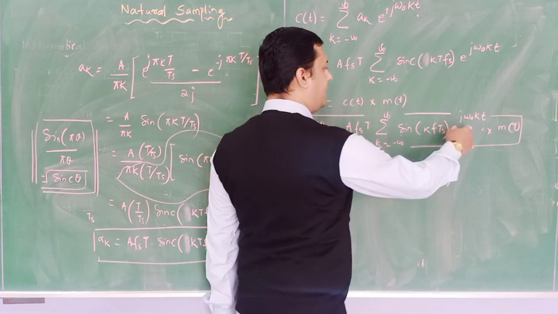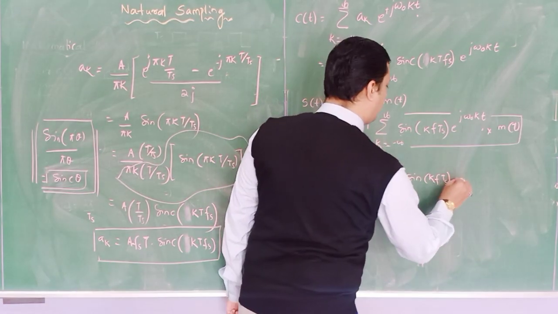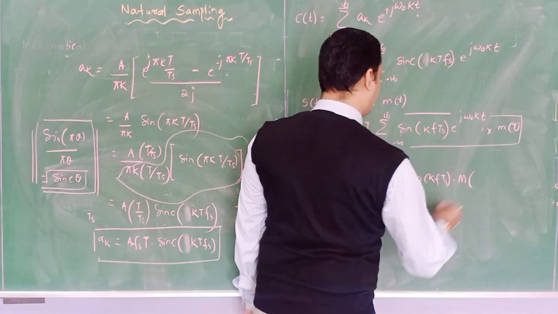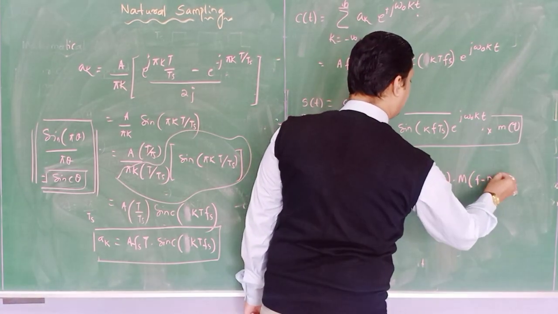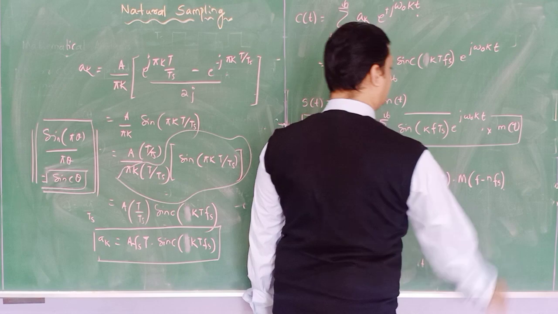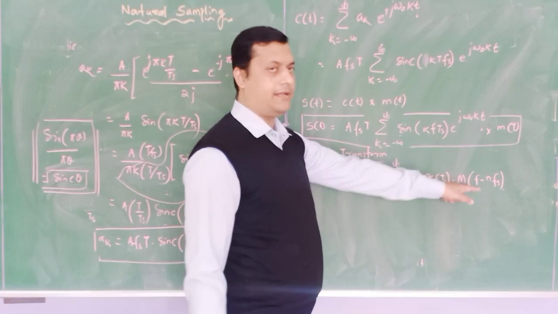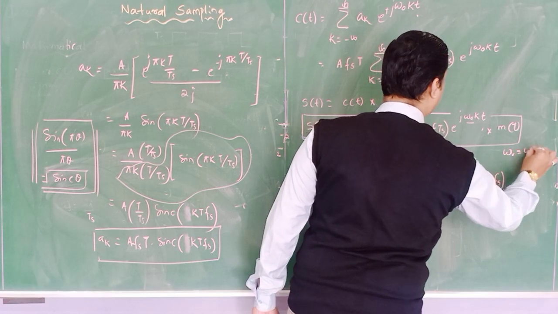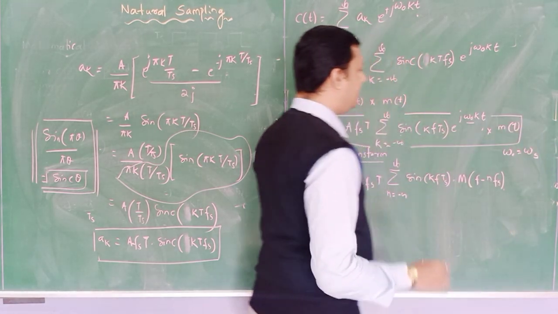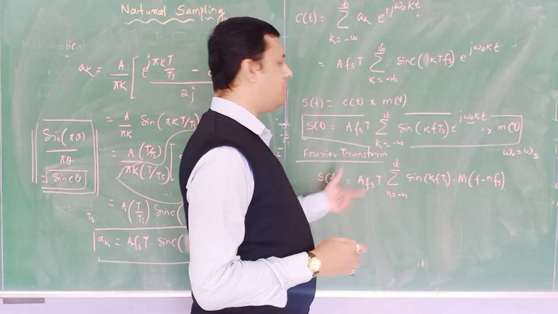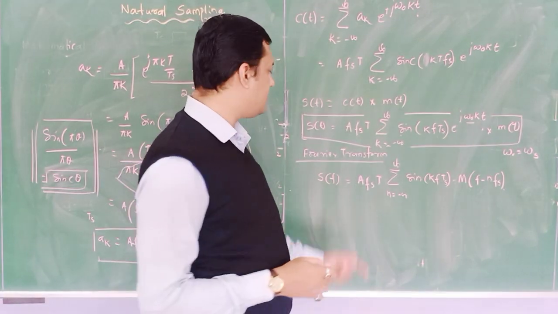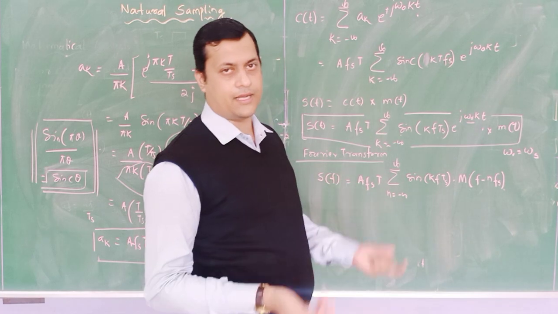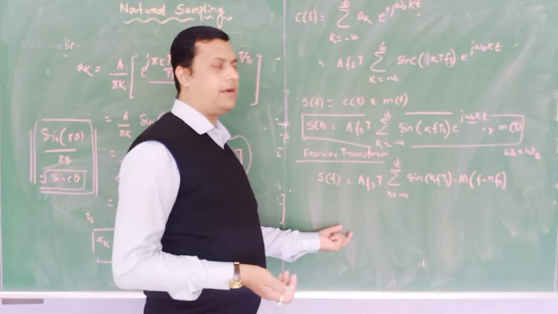M of omega is frequency shifted to omega naught into k. So if it is satisfying the convolution property, here I can write m of f minus n fs. What is fs? Fs is nothing but omega naught, which is omega s. So here I have represented the whole function in terms of f. You can write it in terms of omega, but then you need to divide by T naught.